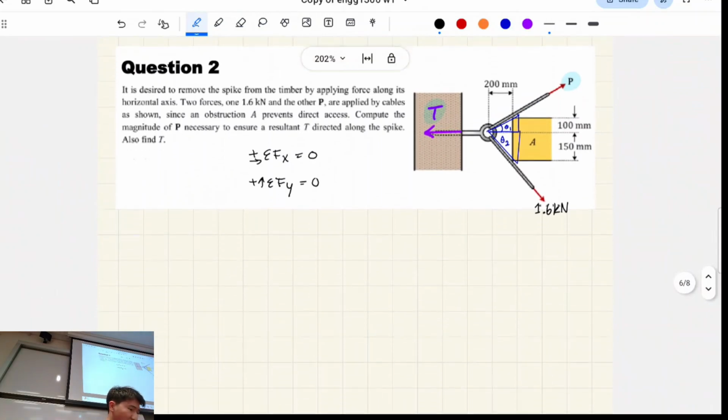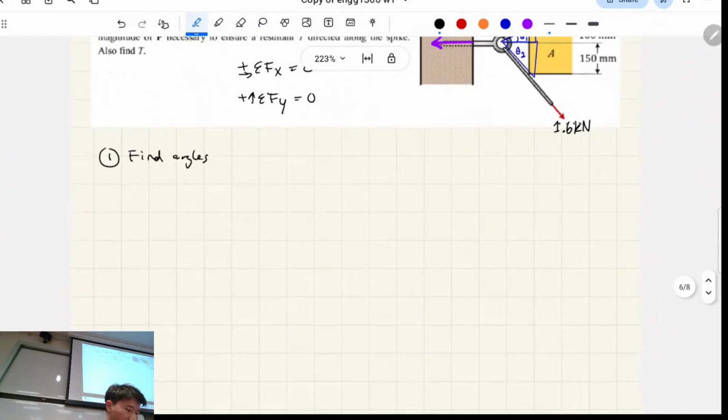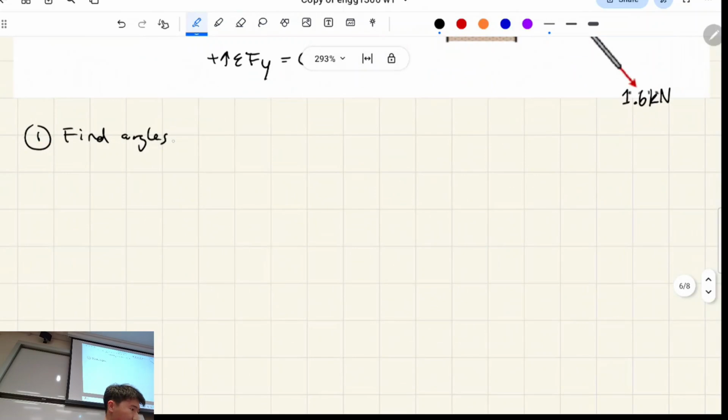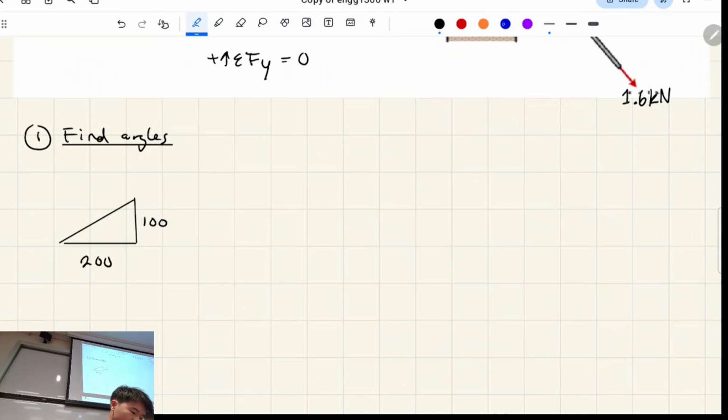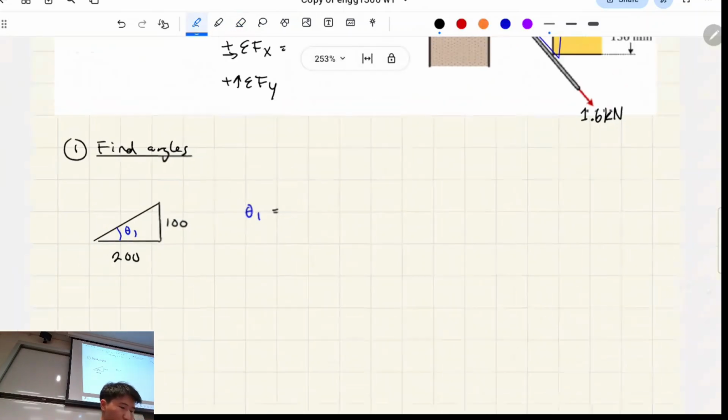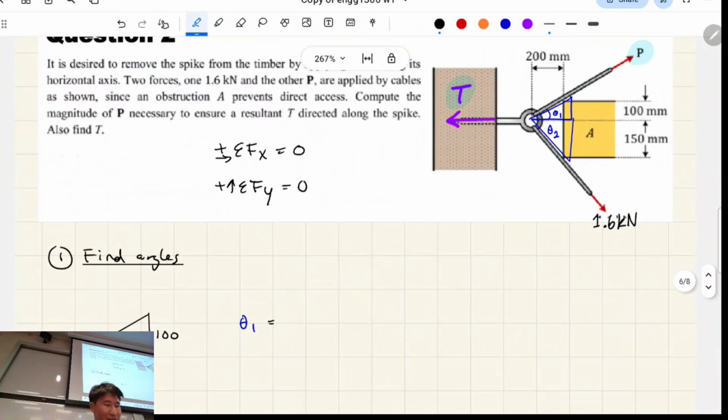Anyway, first thing we're going to do is find the angles, right? Theta 1 and theta 2, which I drew earlier. So let me just redraw that. Okay, let me just show you where I got those numbers from. This part of this block is 100 millimeters up like that, and then it's 200 millimeters away from the spike's center, or the circle bit in the spike.